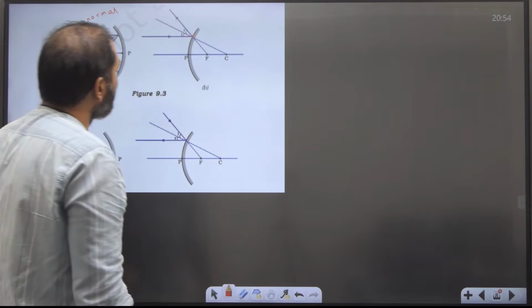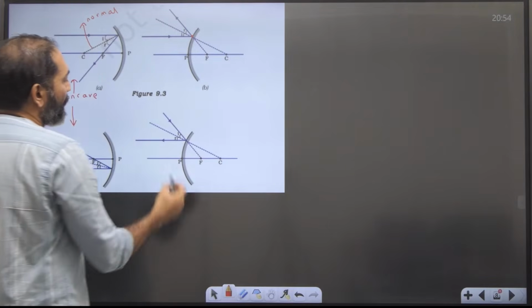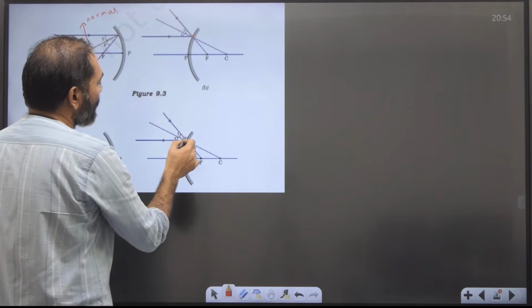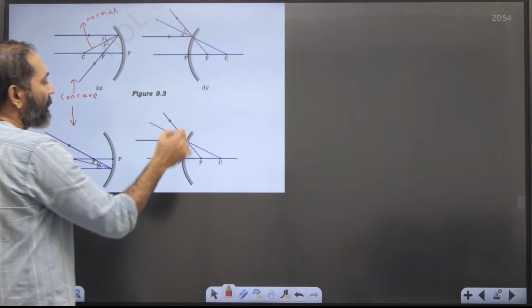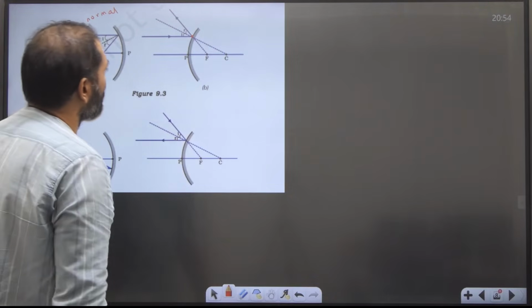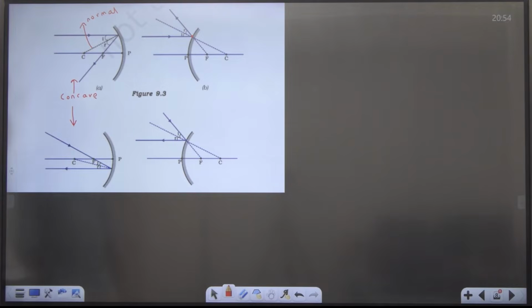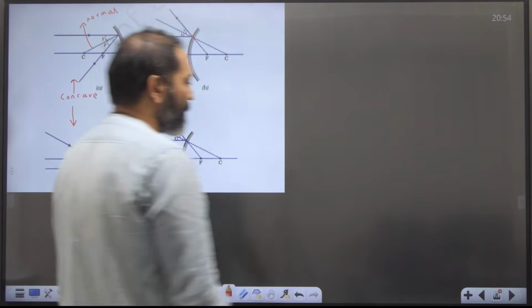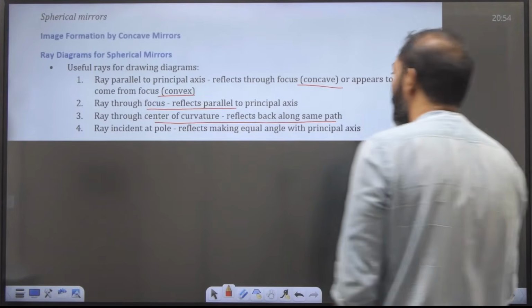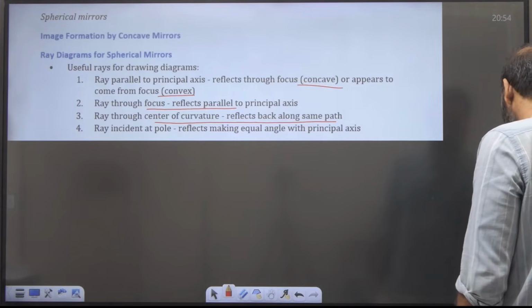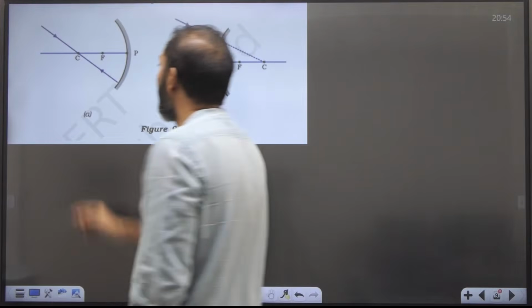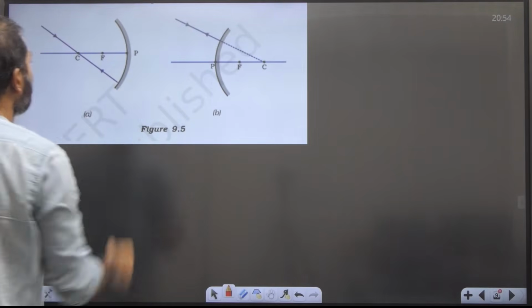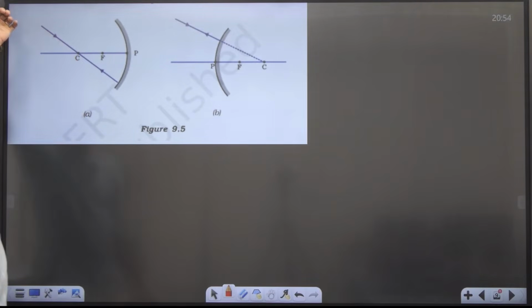Now what happens here? Again, a ray is parallel to the principal axis, so it deviates away from the principal focus. I hope it is clear. We have seen whatever is written here, and we are proving it with the diagram. Then a ray passing through the center of curvature gets reflected back.